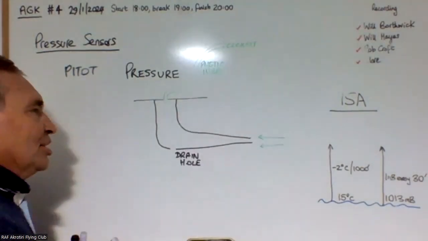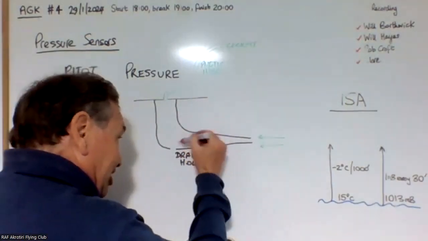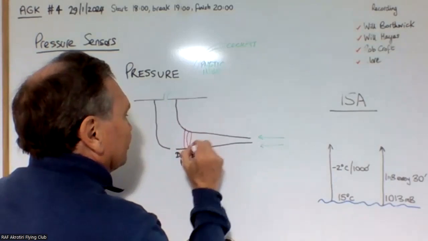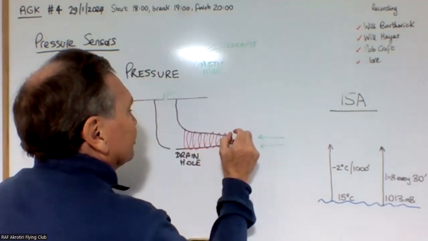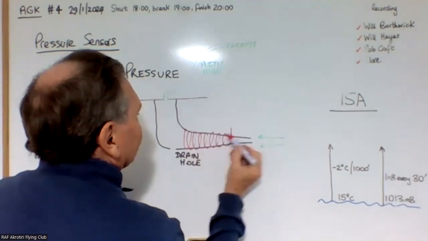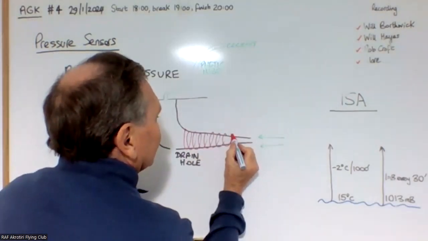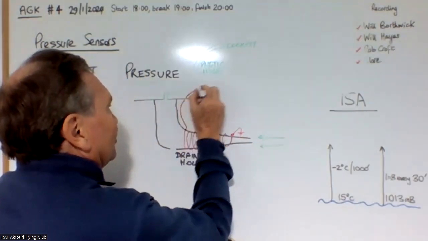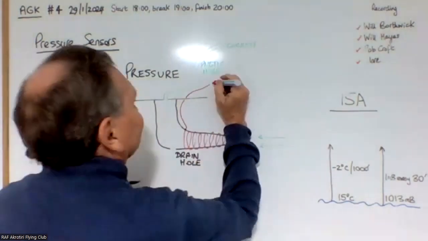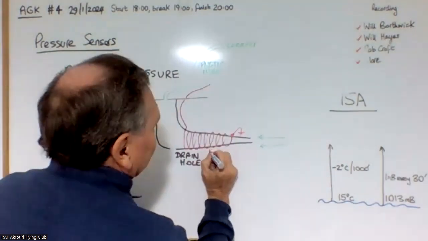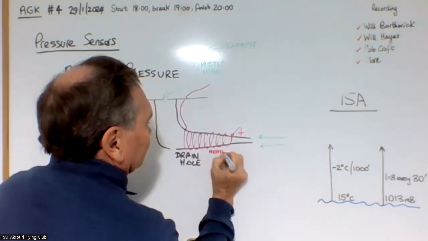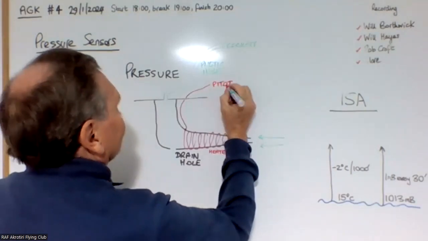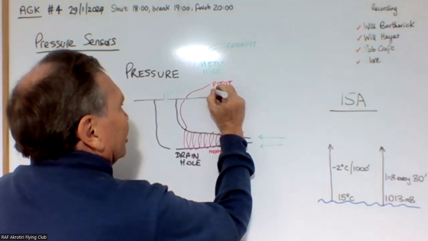So you tend to find that inside this metal, there's a coil of wire. And this is connected to Earth. And this is a wire that's a heater wire. And this is connected to the pitot heater.